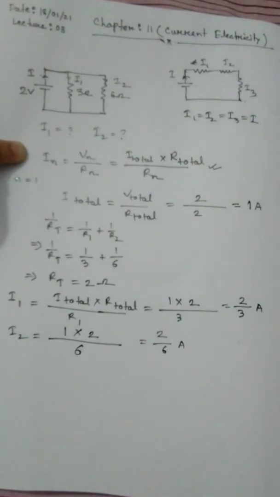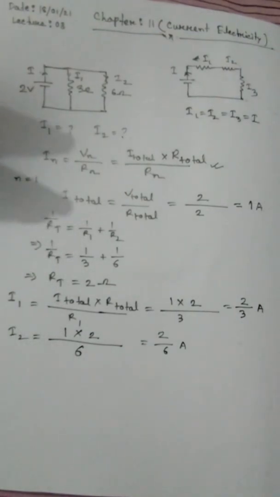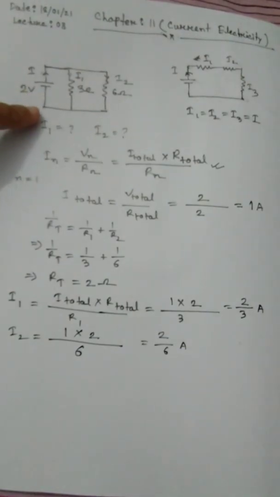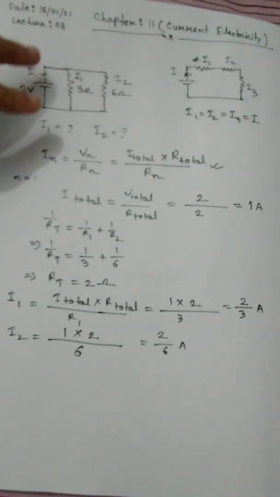I think this is much better for you to measure current for any branch with parallel resistors. You can follow the steps mentioned in your book, but there is a problem. If you are not given the potential of these points, then how can you calculate the potential difference for those points?